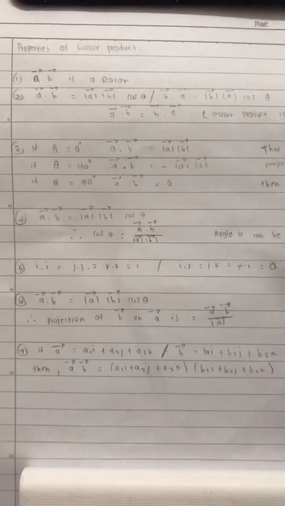And the second question is the properties of scalar product. So now we're going to see the properties of the scalar product. There are 7 properties of scalar product.